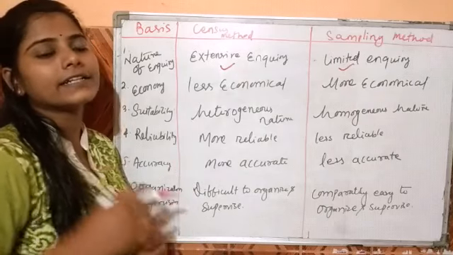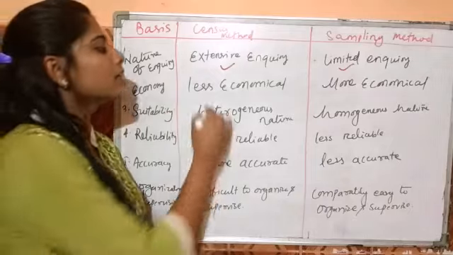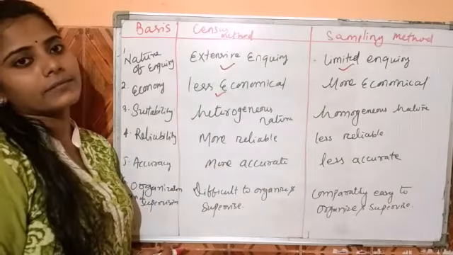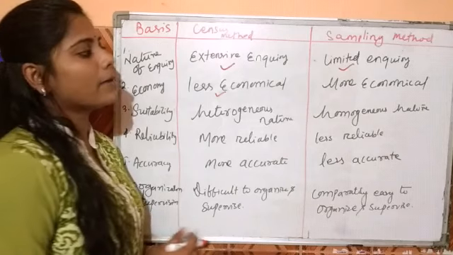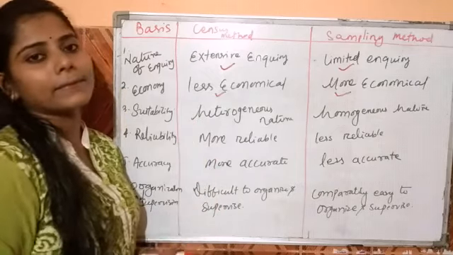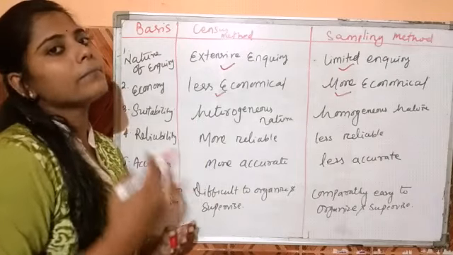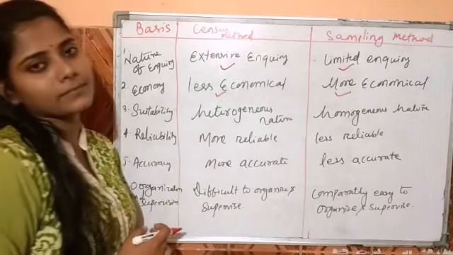Economy is related to time, money and manpower. The census method is less economical, that means it requires more money, more time and more manpower. The sampling method is more economical, as money, manpower and time are required less as compared to the census method.